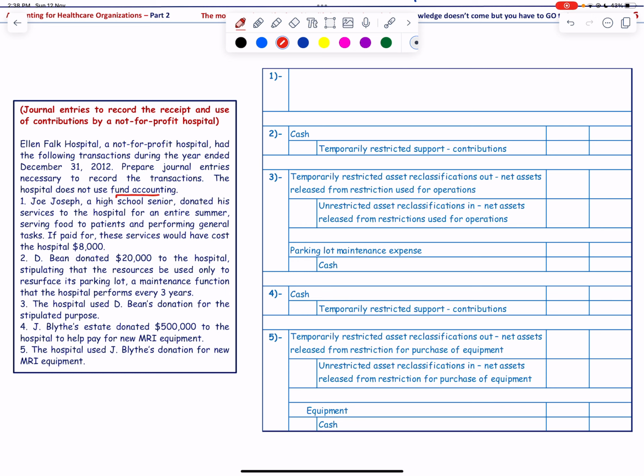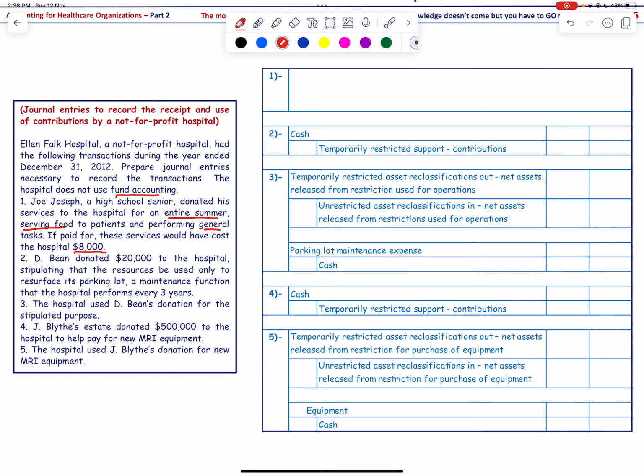Now, Joseph, a high school senior, donated his services to the hospital for an entire summer, serving food for patients and performing general tasks. So he's serving food and providing general tasks, so they don't need any specialized skills. If paid for, these services would have cost the hospital 8,000.